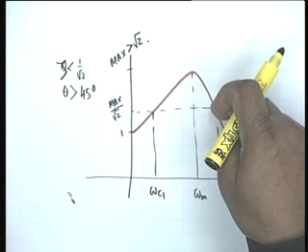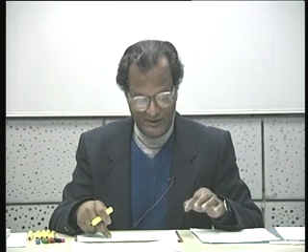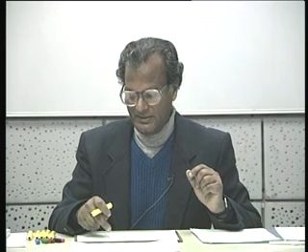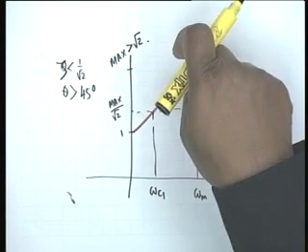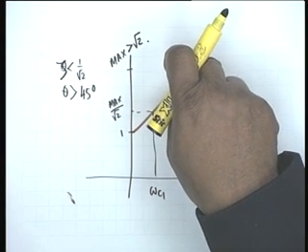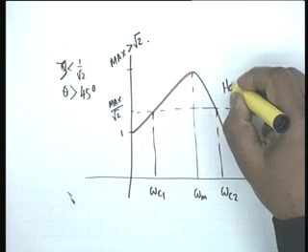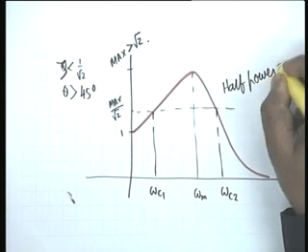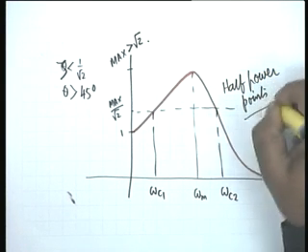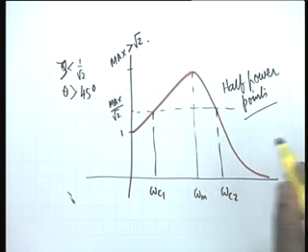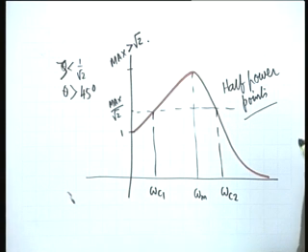Or in terms of power, if this voltage appears across a 1 ohm resistor, the power shall be half at these two frequencies as compared to the power at the maximum. So these are also called half power points, as you know. It is of interest to find out what these half power points are. One of the ways this can be done is through geometrical construction.